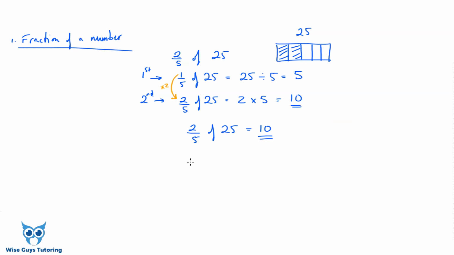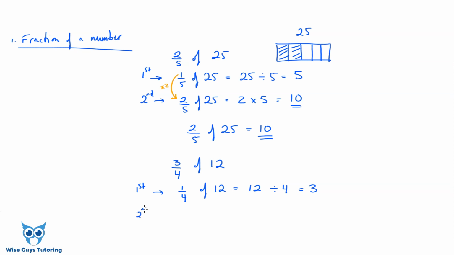Okay, let's try another example. Let's say, for example, I'm trying to find 3/4 of 12. So the first step, like we said, is to find 1/4 of 12. And 1/4 of 12 is just a division, 12 divided by 4. This is pretty simple for us. 3, right?